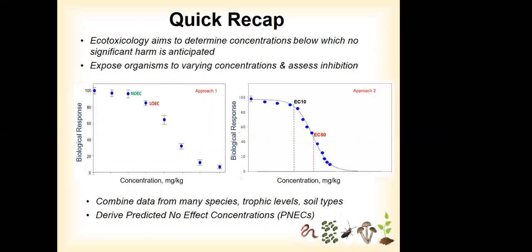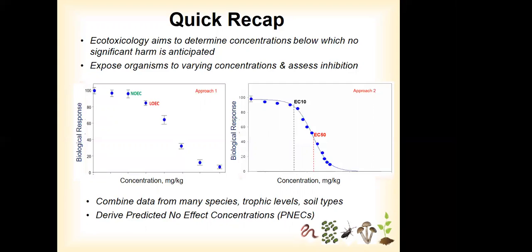To do that, there are a few approaches, including exposing the organisms to different concentrations and then determining the highest concentration that causes no observed effects, or NOEC. The more modern and preferred approach is to have many more concentrations tried and then to plot them on a dose response curve and interpolate between those points, and from that interpolation determine the EC10, the effect concentration causing 10% inhibition, or the EC50, the concentration causing 50% inhibition.